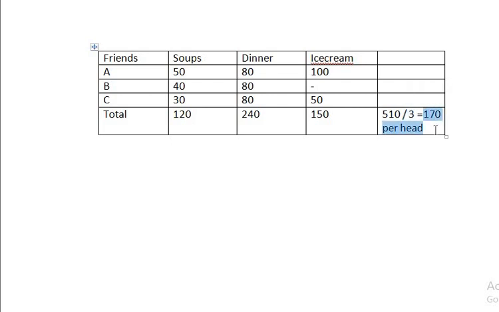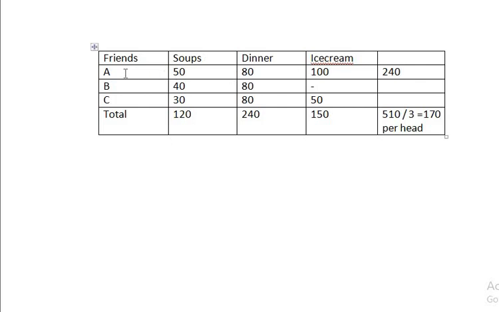So 170 per head. Is this method of costing appropriate, or is it a fair method of costing? No. This method of costing is not an appropriate one, because Mr. A is feeling very happy internally because he utilizes how much? 50 plus 80 plus 100, rupees 240.